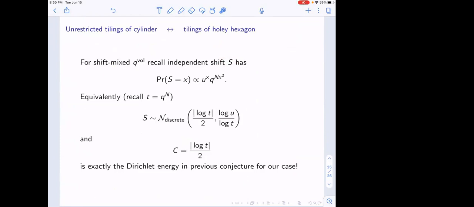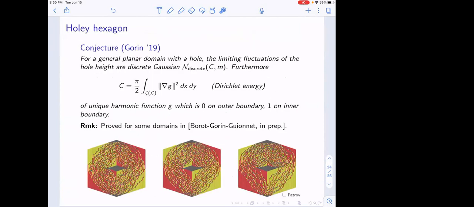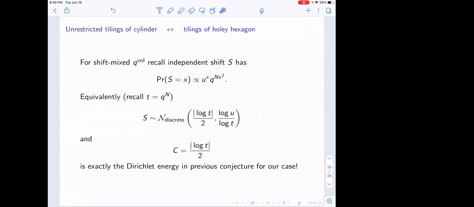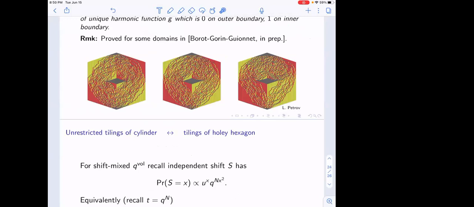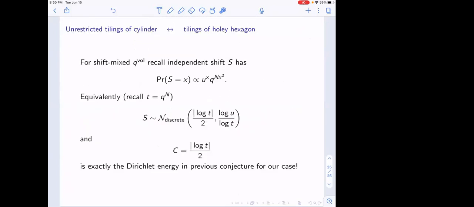Recall that we choose this shift to be distributed as shown here, which can be rewritten as an exponent, and then it is equivalent to say that it is a discrete Gaussian with the C parameter given by logarithm t divided by 2, which is exactly a Dirichlet energy computed in the conformal structure which we have in our setup, and it just coincides with this conjecture.